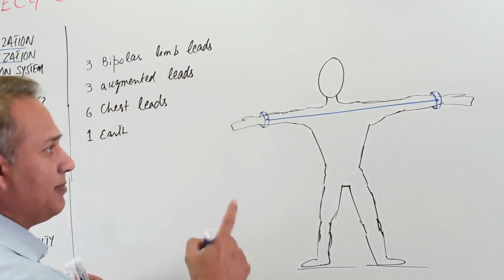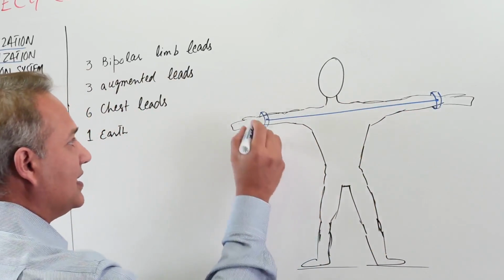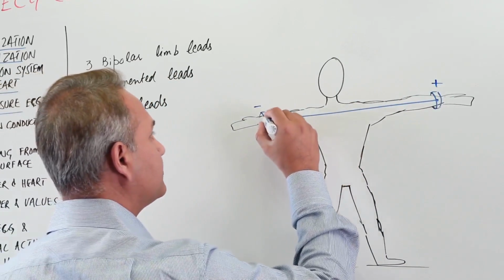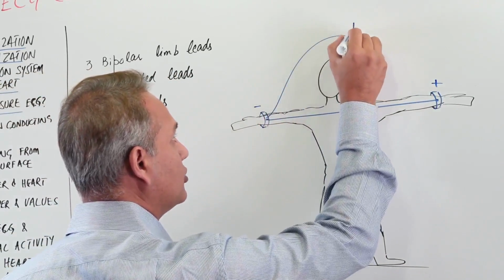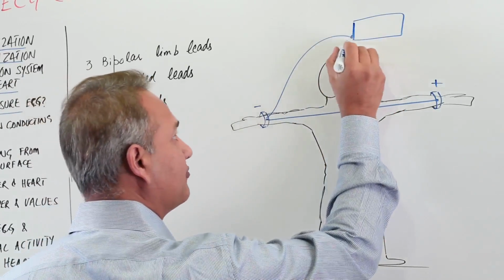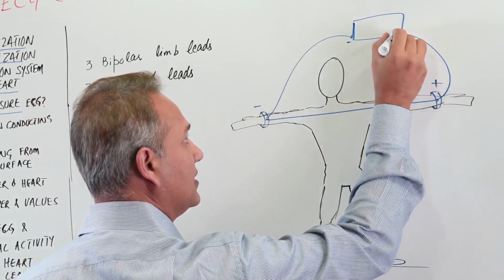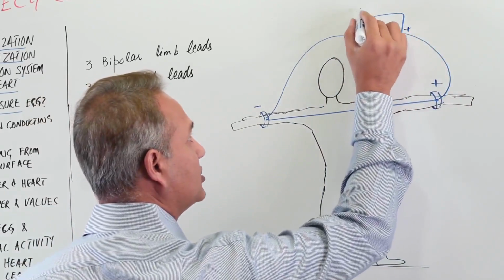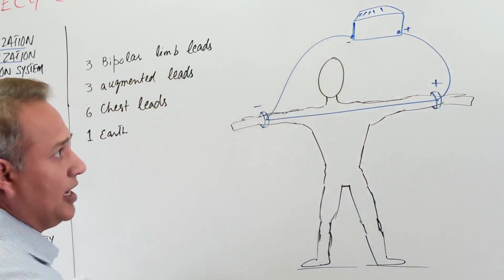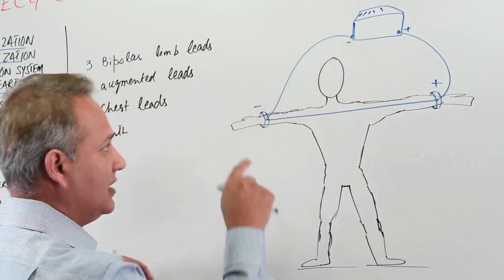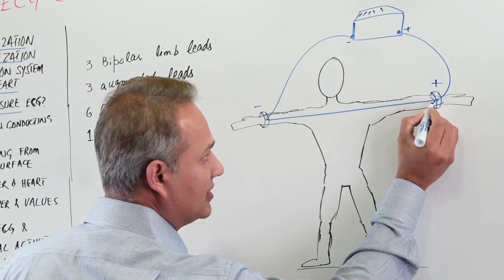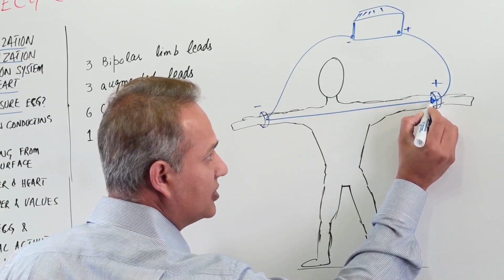Ideally, I hope you understand that I'm just drawing a straight line, but ideally the lead 1, for example, will go from here and the negative end goes to the voltmeter or electrocardiograph machine's negative end, and the positive end goes to the ECG's positive end, and then the machine does the rest of the function. So that is how it is connected, but we say abstractly that this is the lead 1. And keep an eye on the positive side. This is the positive side. This is important.